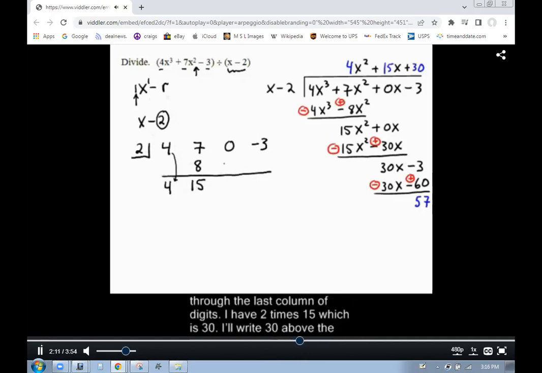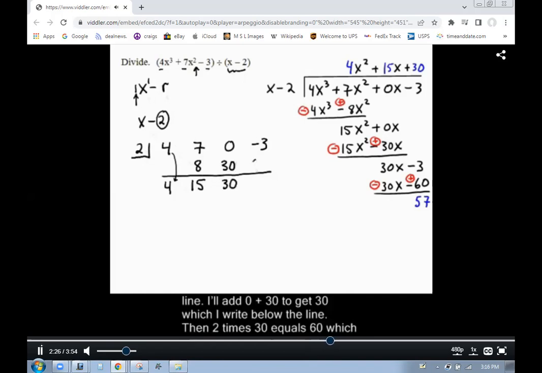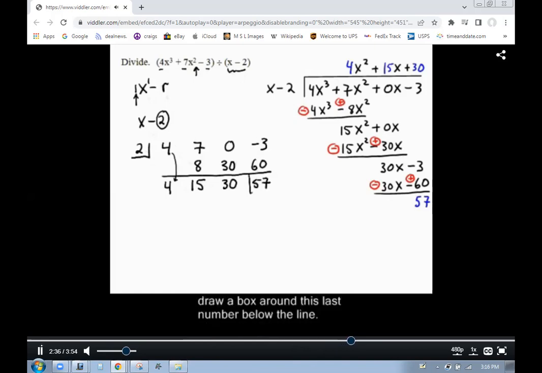I have 2 times 15, which is 30. I'll write 30 above the line. I'll add 0 plus 30 to get 30, which I write below the line. Then 2 times 30 equals 60, which I write above the line in the next column. The sum in the last column is 57, and I'm going to draw a box around this last number below the line.